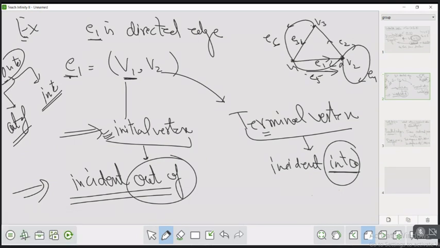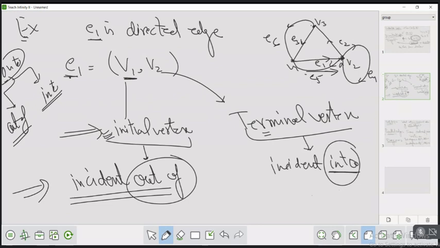So in this case, the out degree of V2 is 3, and the in degree is 2. The in degree of V2 is 2 because there are only 2 edges: the first edge is incident into it, and this other edge is also into. So its in degree is 2 and its out degree is 3.